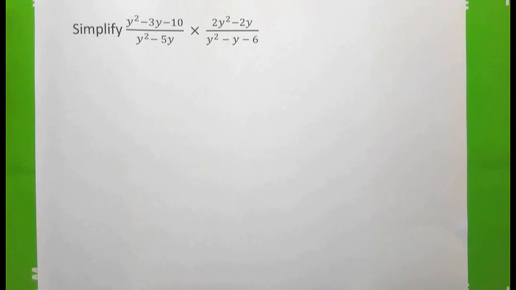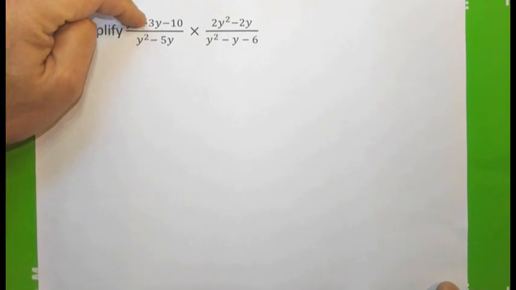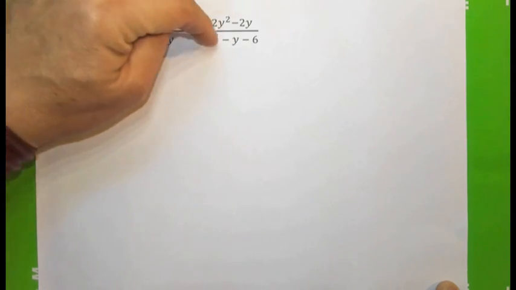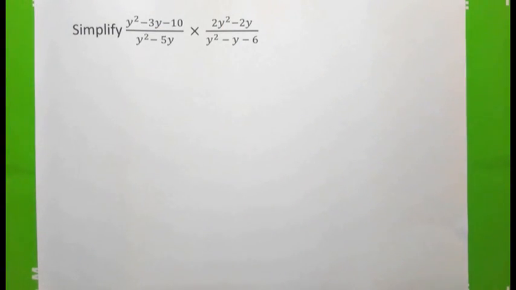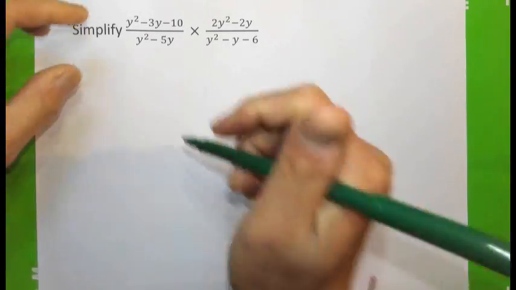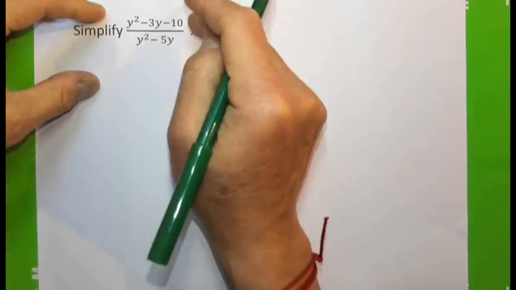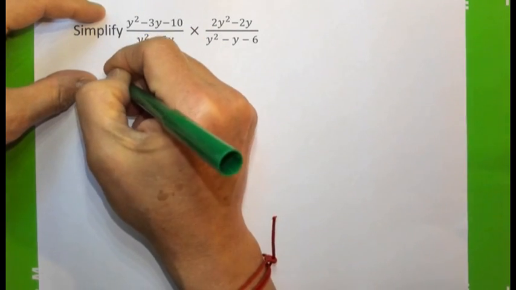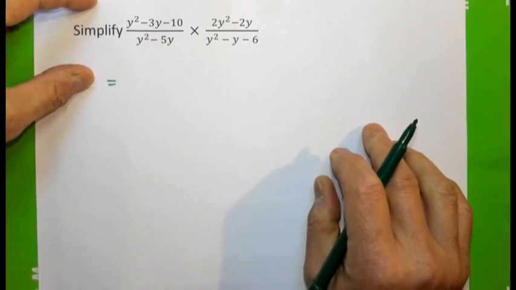Alright, you'd have had enough time to actually work out how to simplify this. What we can do is factorize this, this, and this. Let's start. I'm not going to bother rewriting this as algebraic fractions.